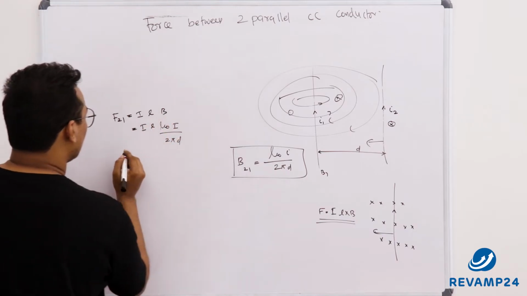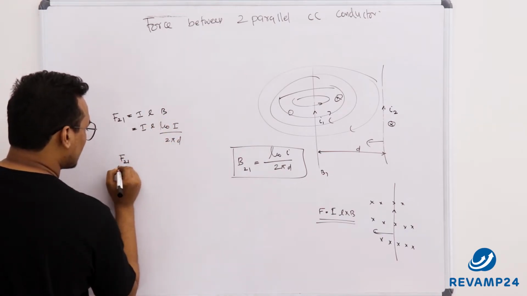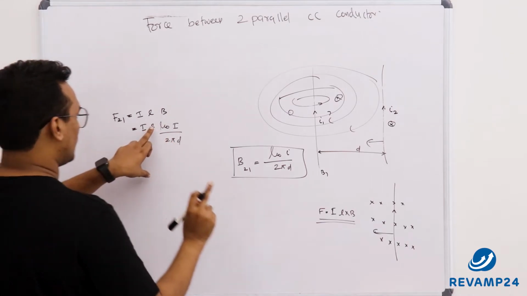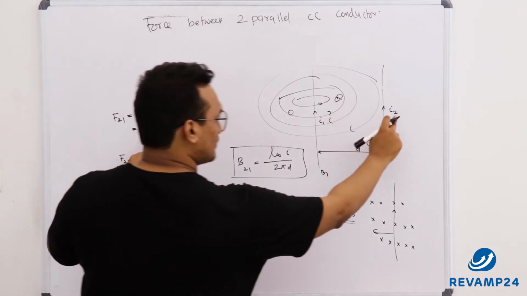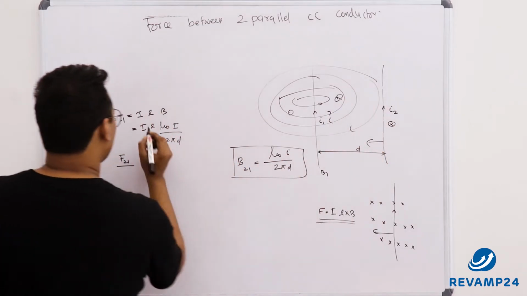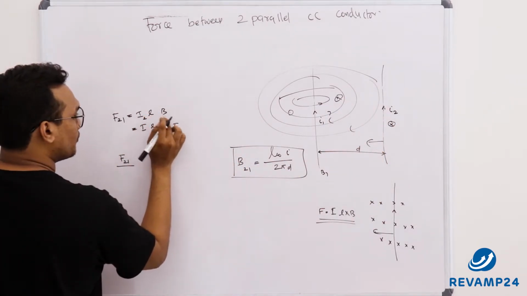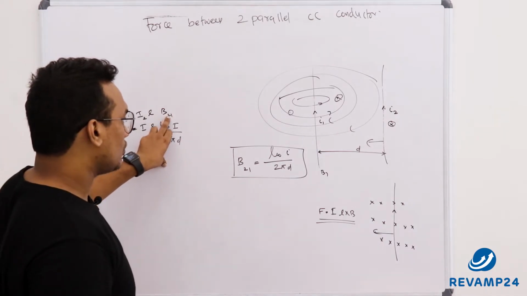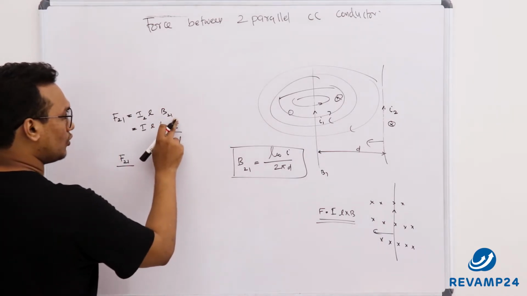I am going to define a new quantity, force per unit length. So F21 divided by L. Now I2 is the current passing through this one, so I2 into L, B is nothing but the field created by 1.